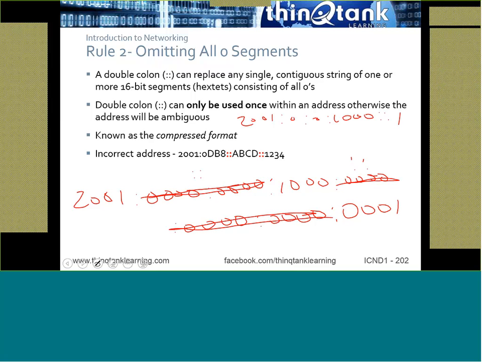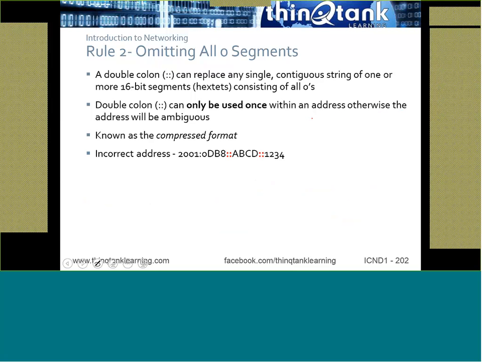You can only use the double colon one time because the double colon doesn't represent a specific number of zeros. It represents that whatever's left over is 0. Remember the loopback address in IPv6? What is the loopback address in IPv6? ::1. Remember I did a ping, ::1? What am I actually pinging?